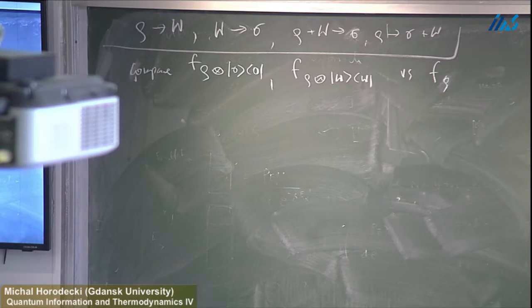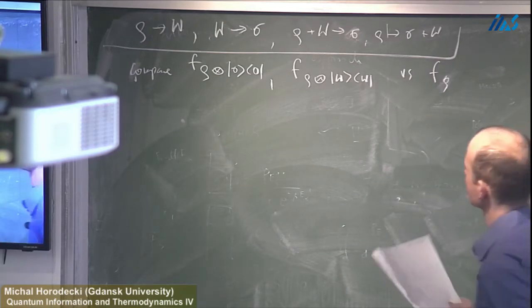You add this error to these functions. In particular for drawing work, the amount of work you can draw is not this min relative entropy, but its smooth version. But we were not quite happy with this, and I will just say something more about small errors. I hope to manage.